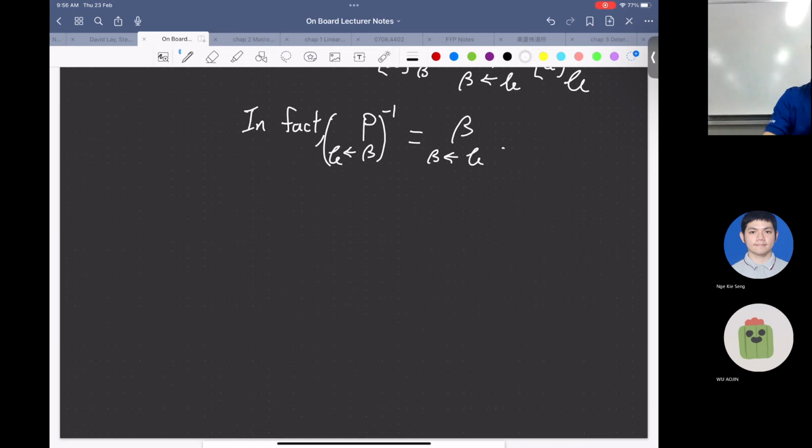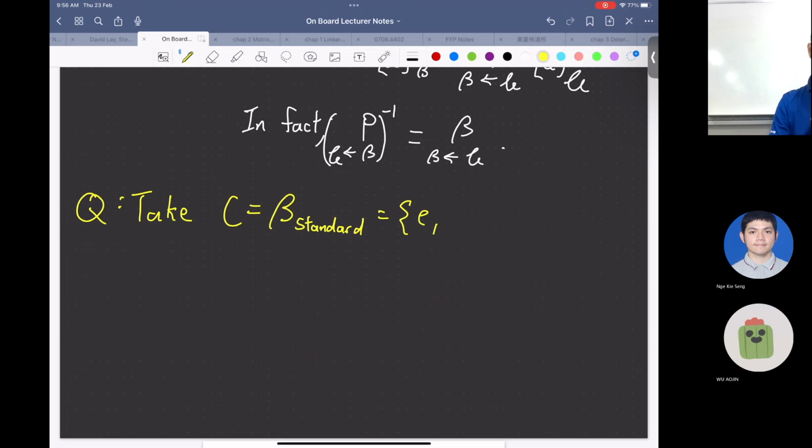Okay, let's say we take one of the bases as our standard basis. Let's put B standard, which is E1 through En. So what is B standard times X?